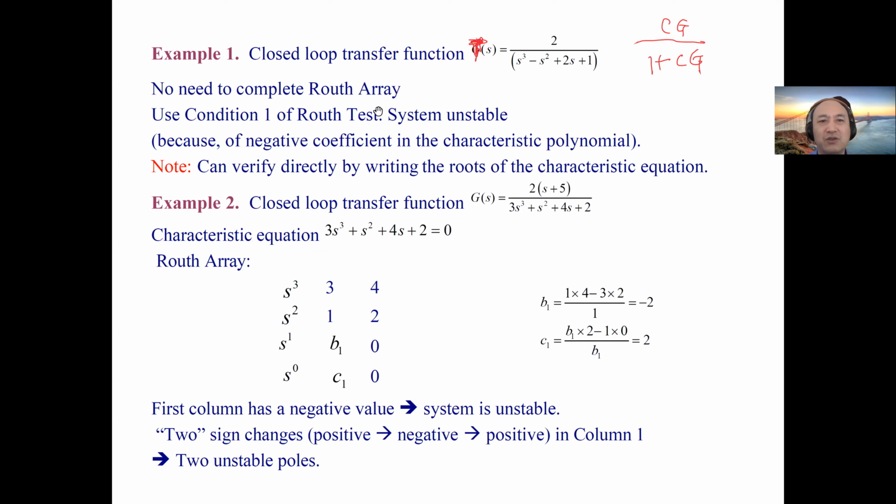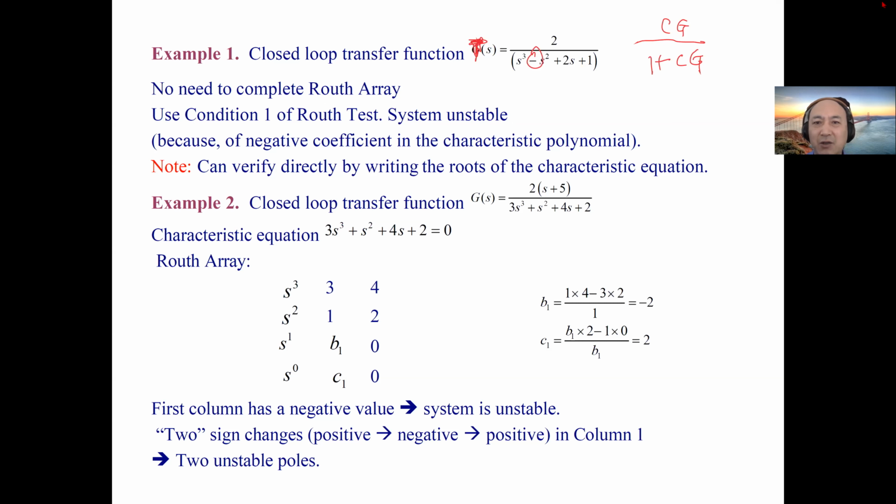So do you need to draw a Routh array? You don't, because based on condition 1, the system is immediately unstable because there's one sign that is not positive. So this one is negative. Without doing anything, the system is unstable. However, you cannot tell how many roots are unstable.